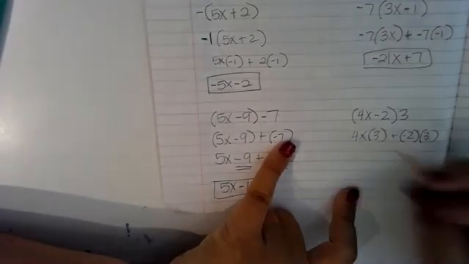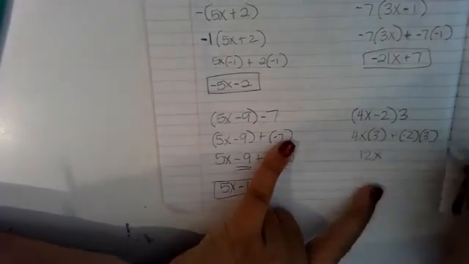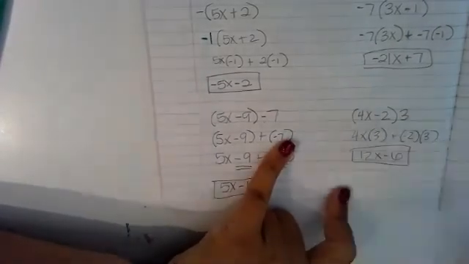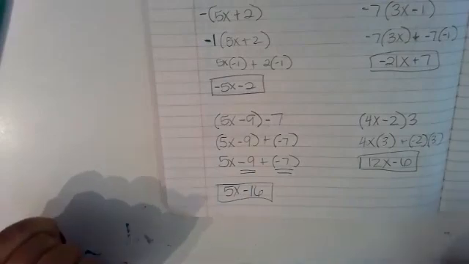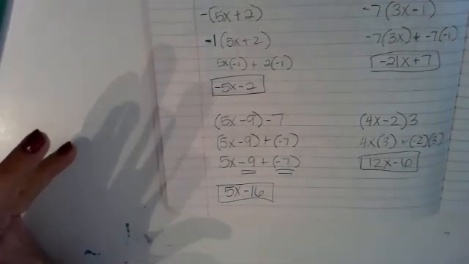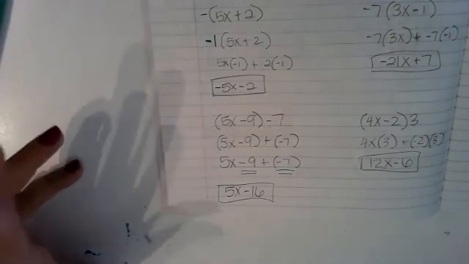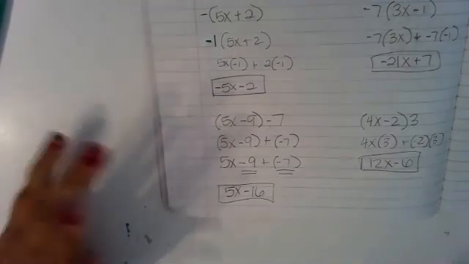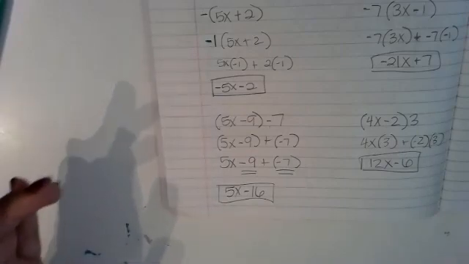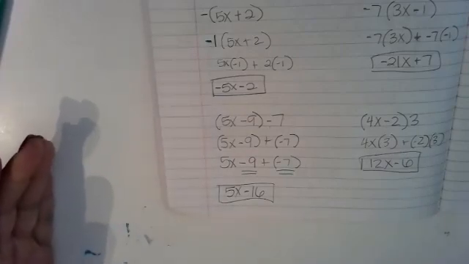When I go to simplify this, this makes 12x and this makes negative 6. And there you have it. I am done. So there you have it. This is distributing. I know you all know how to do this, so it's just making sure that we are reading the problems correctly, moving from left to right.